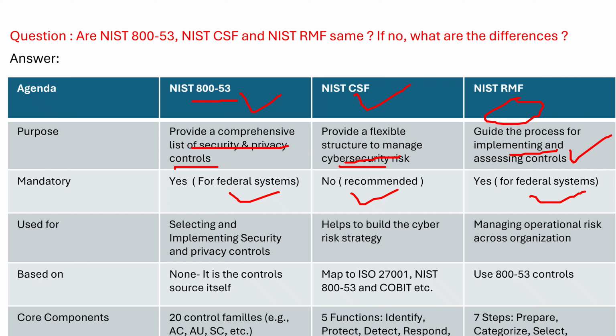But CSF is mapped to ISO 27001, NIST 853, COBIT and so on. And RMF follows the 853 list of controls. For core components, 853 has 20 control families, for example access control, and CSF has 5 functions: identify, protect, detect, respond, recover, and RMF has 7 steps. So if you learn 853, then CSF and RMF will automatically be implemented in your organization.